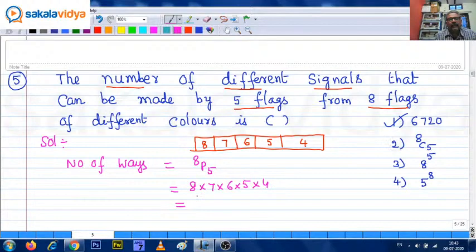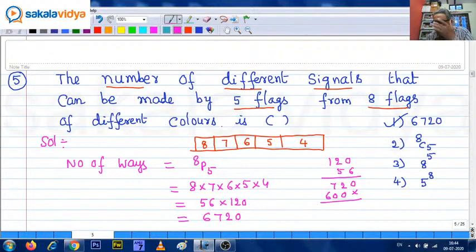That is 56 into 120. Now 120 multiplied by 56 gives 6720. 6720 ways you can find. First option is the right option.